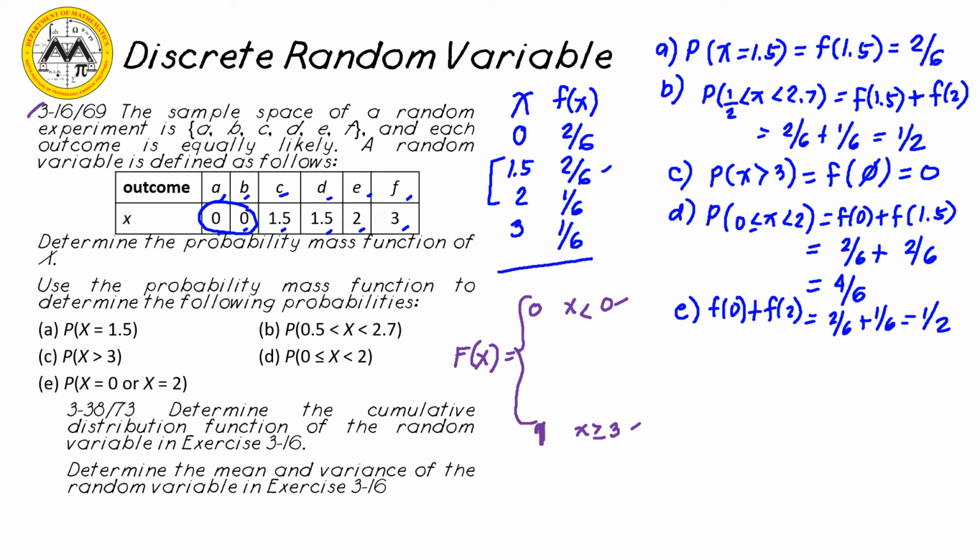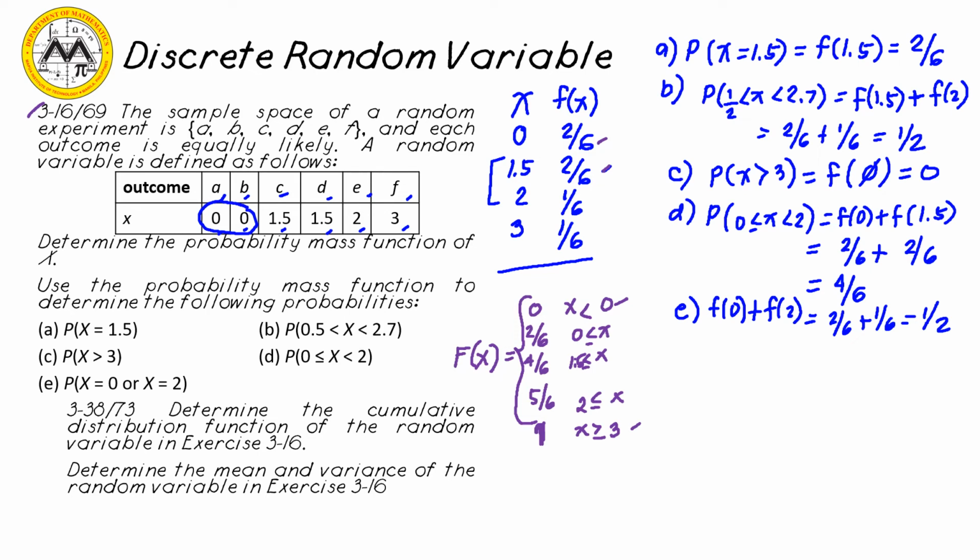So we start with 2 over 6 when x is greater than or equal to 0. 2 over 6 plus 2 over 6 is 4 over 6 when x is greater than or equal to 1.5. 4 over 6 plus 1 over 6 is 5 over 6 when x is greater than or equal to 2.